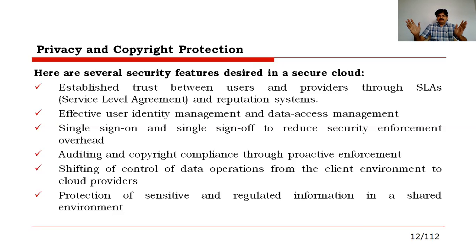So we can form a bridge by establishing trust between end users and cloud service providers through a service level agreement. So SLA, the service level agreement between the cloud end user and the cloud service provider. Establishing the trust between these two is one of the major tasks.